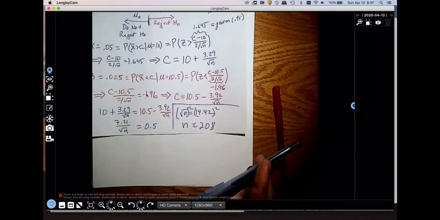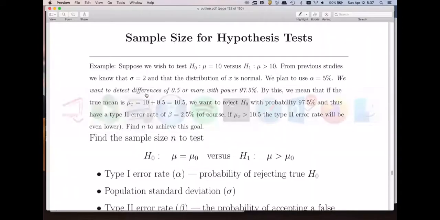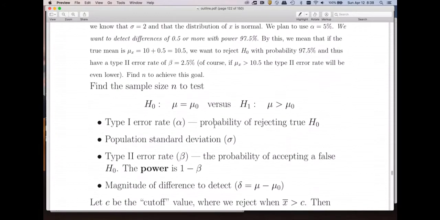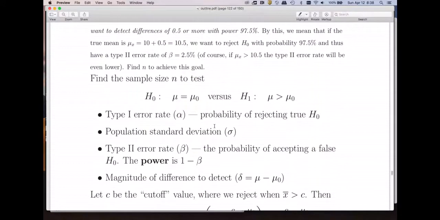All right, so if we go back to the course packet for a second, let's substitute more general symbols for this. So mu is equal to some mu naught versus a one-sided alternative. Our type 1 error rate is alpha, so I've already written that out.